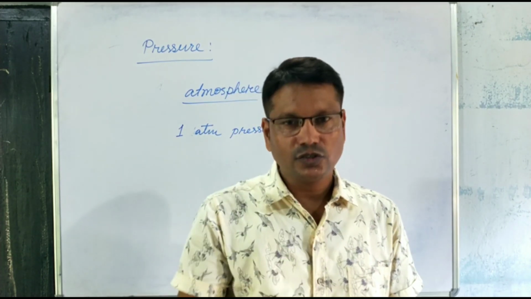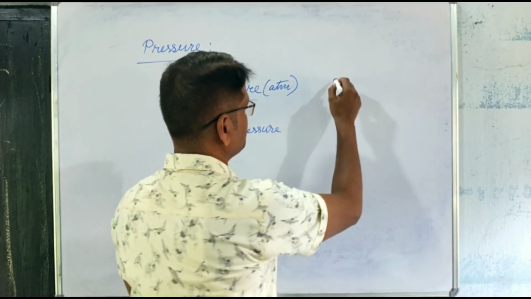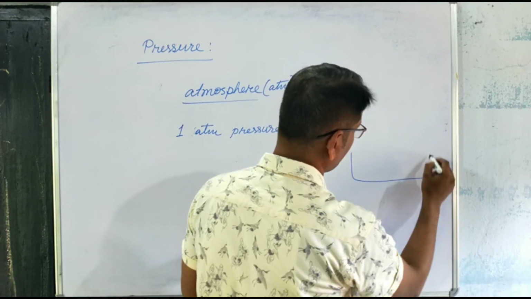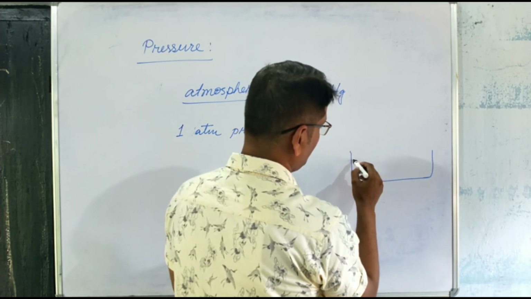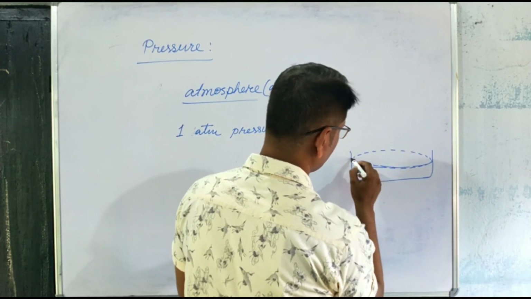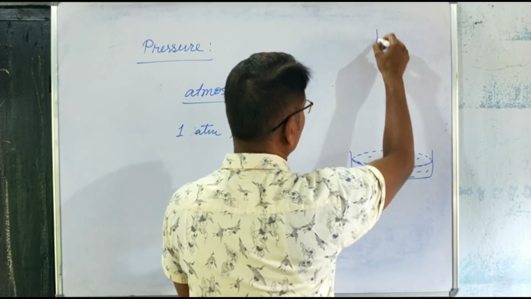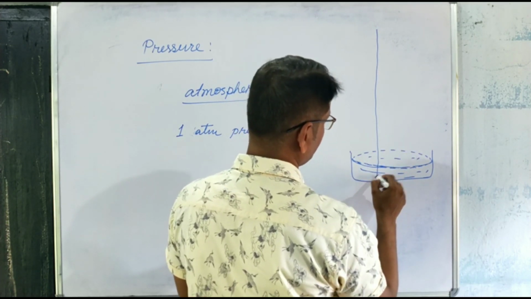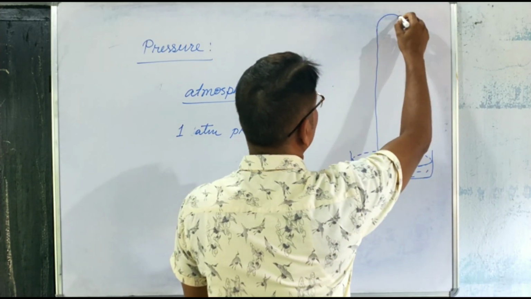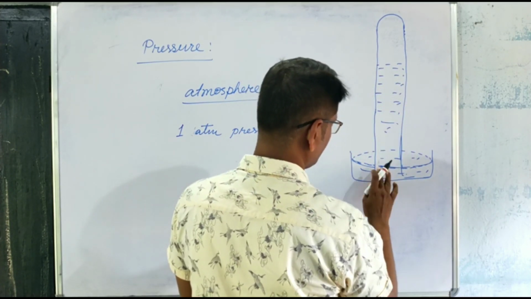Barometer has a mercury column, in which mercury is filled, you know, mercury Hg. So there is a container, you know, where mercury is taken. Here what is present? Mercury, and a column is placed here.